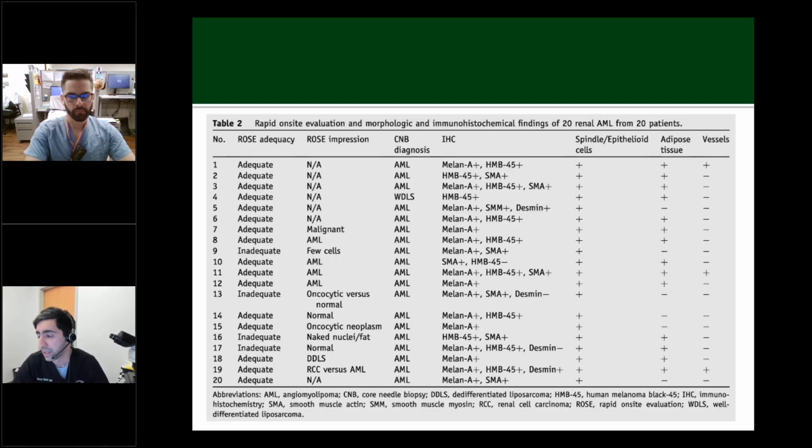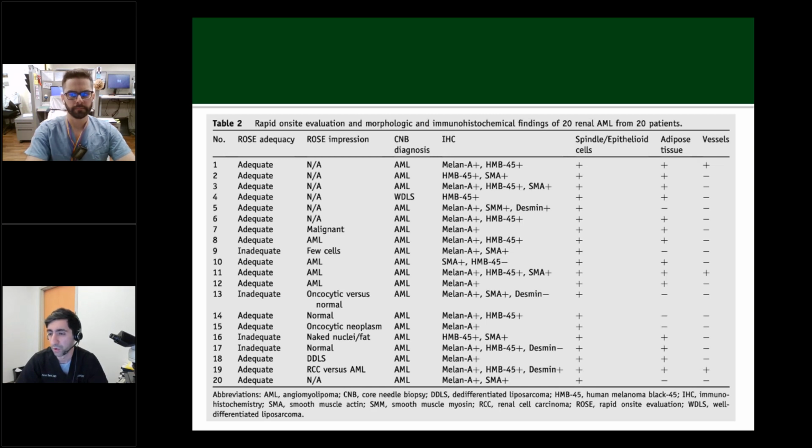So here, an on-site evaluation was performed in all 20 confirmed angiomyolipoma cases. ROSE adequacy was adequate in most, with only 4 cases inadequate, and the ROSE impressions were either non-applicable or malignant.